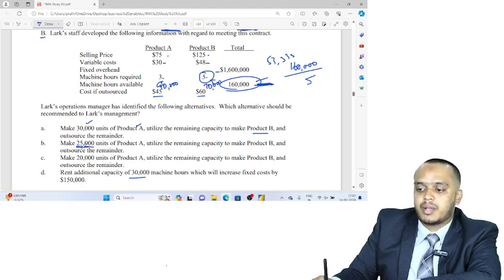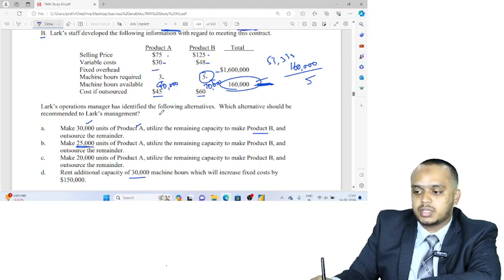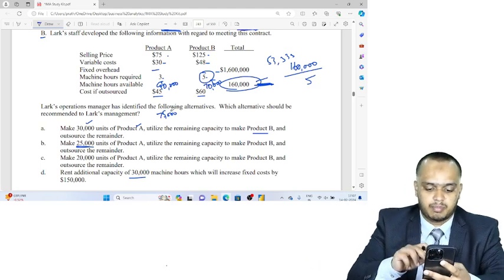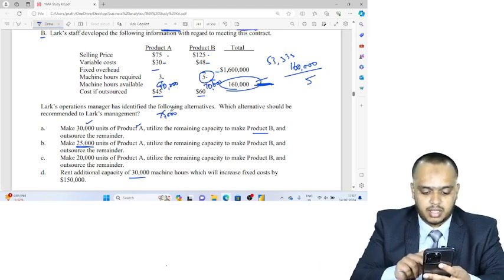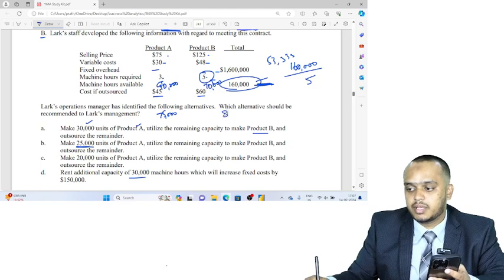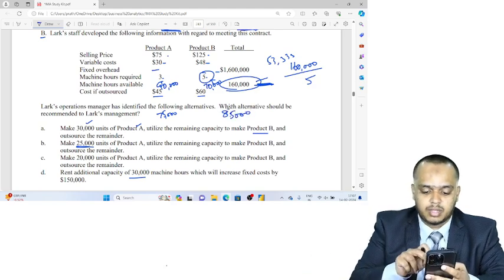If I'm producing 25,000 units of product A, then how many hours will I take? 25,000 into 3, 75,000 hours I have utilized. If I am utilizing 75,000 hours, how many hours are remaining for product B? It is 160,000 minus 75,000, which is 85,000 for product B. So how many units can I produce?